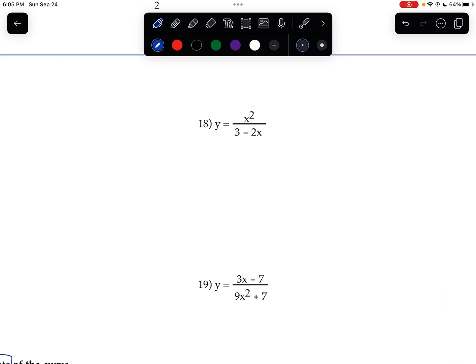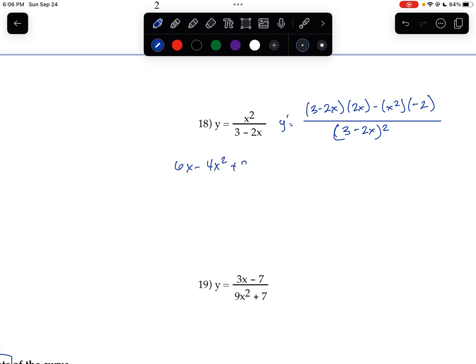18, so you'll need the quotient rule. y prime is equal to low d high minus high d low, square the bottom, away you go. Okay, just simplify the numerator, so distribute that 2x, so you get 6x minus 8x squared, then you get plus 2x squared, all divided by 3 minus 2x squared.